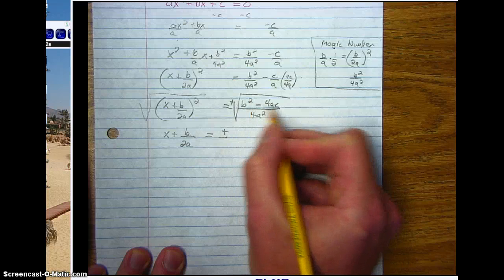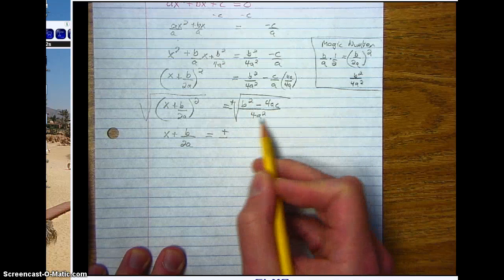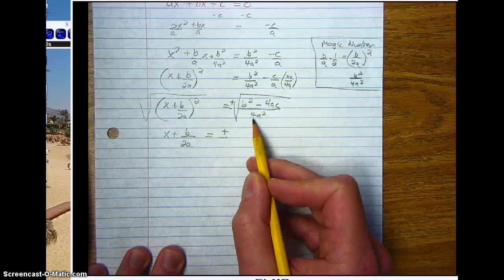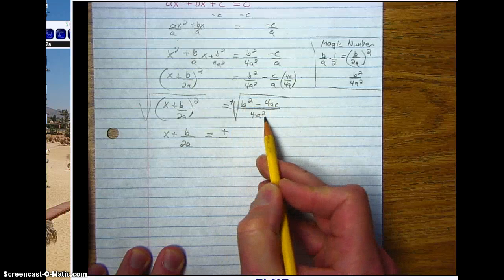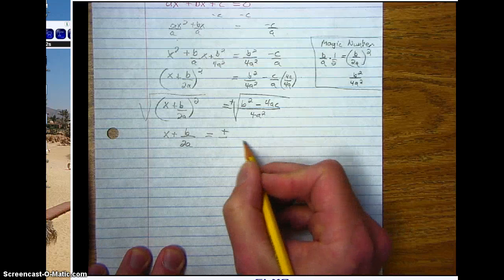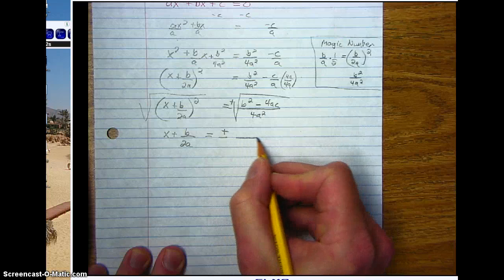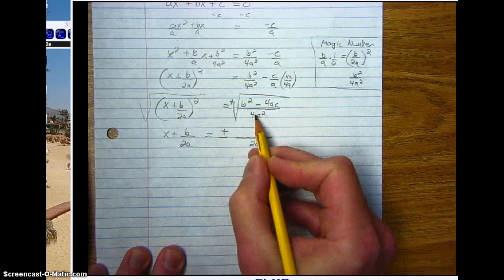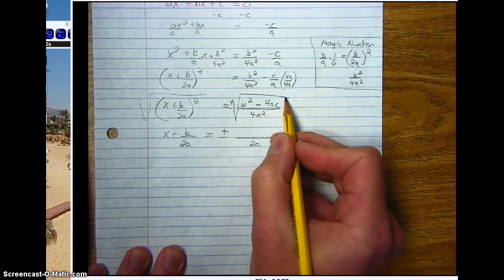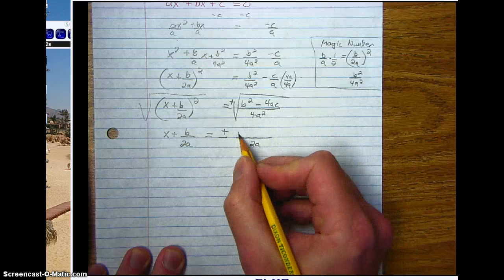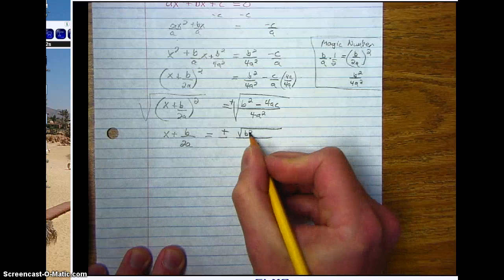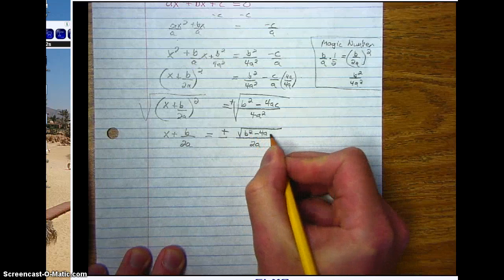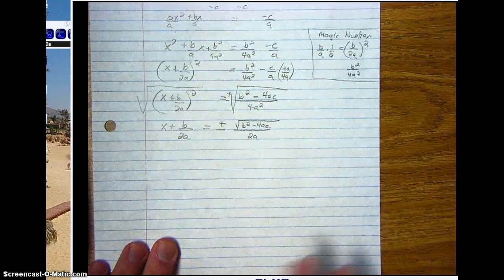It's got a subtraction sign. But the denominator down here is just one term, it's a monomial. And the cool part about it is that the square root of 4a squared is just 2a. So I'm going to put it over 2a here because this is a perfect square. But I'm going to leave this all under the radical because it's a binomial. So I'm going to keep it as b squared minus 4ac. And hopefully you're starting to see the quadratic formula come to life here.